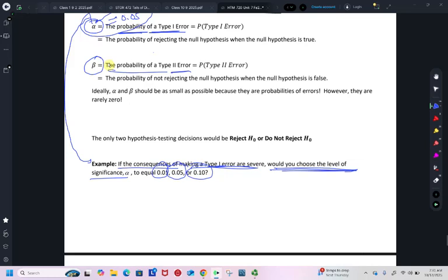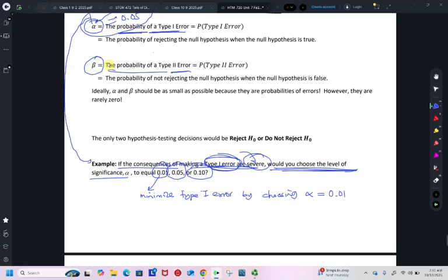Well, if I know that the consequences of making type 1 error are very severe, then I would like to limit the probability of making type 1 error. So I would rightly choose the lowest one. I'll try to minimize type 1 error by choosing my alpha to be the smallest of these options that I have been provided with. That will be 0.01.